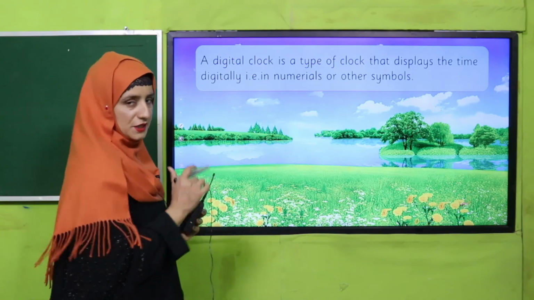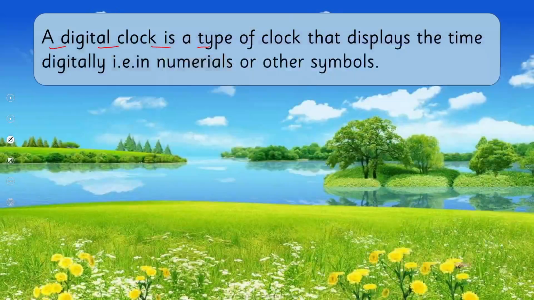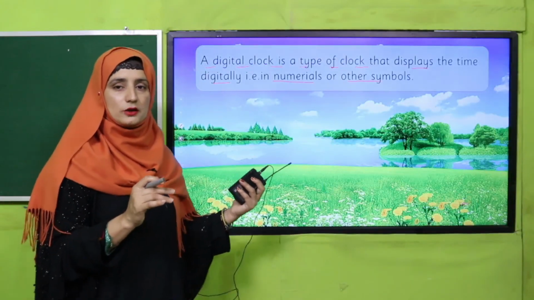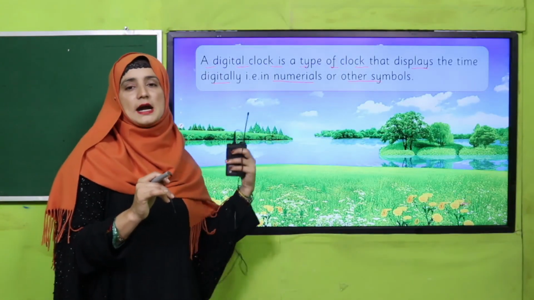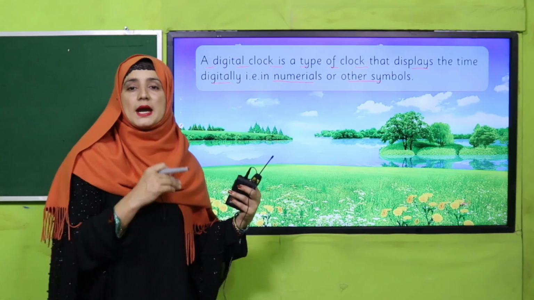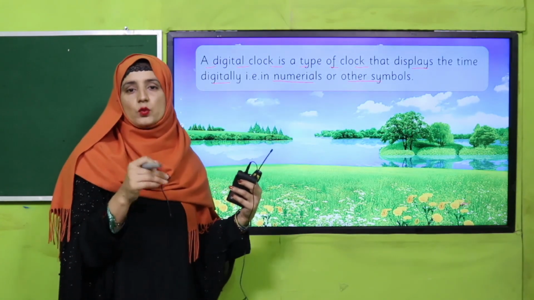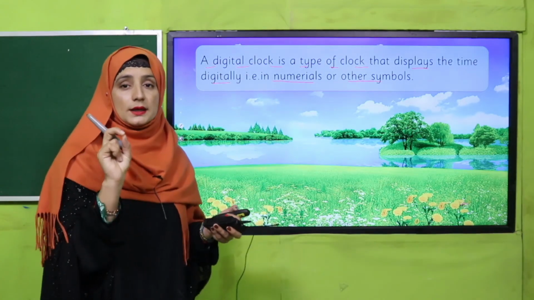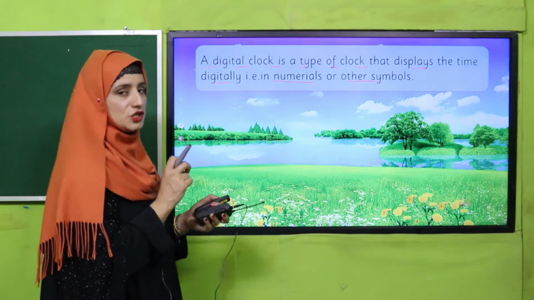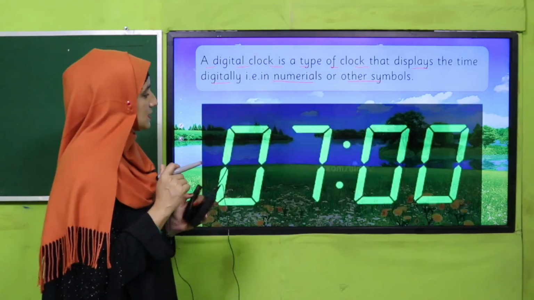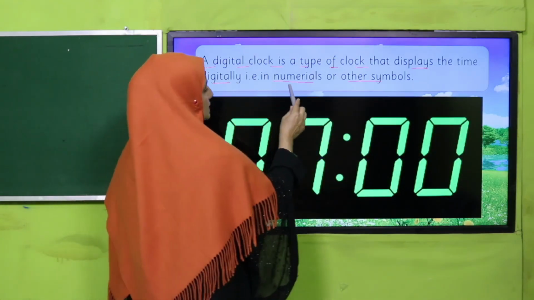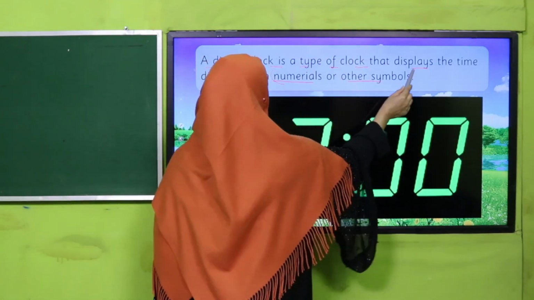So what is a digital clock? A digital clock is a type of clock that displays the time digitally, i.e. in numerals or other symbols. The wall clock that I have already shown you, we have to judge time by our observation. We already judged what time it was according to the hands. But on a digital clock we can see time in numerals or other symbols.